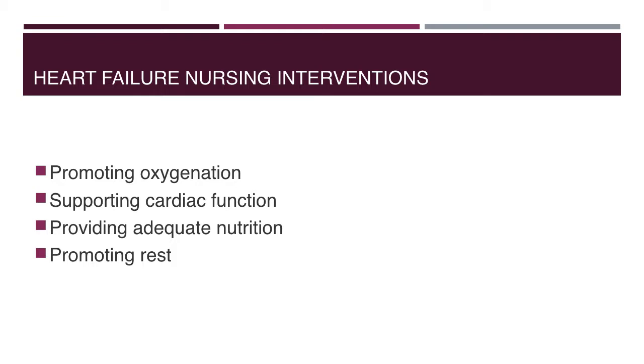So if we don't do something about it, they can go into heart failure. So some of the things that we want to do is to promote oxygenation. And we do that by positioning them with their head up at a 45-degree angle.